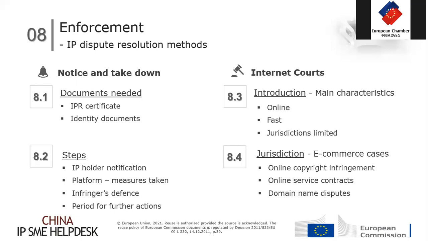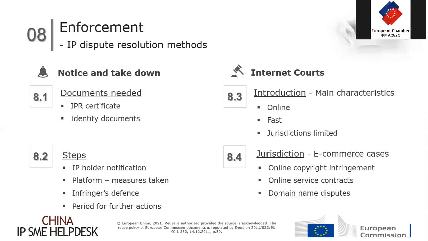Regarding Chinese courts, as I mentioned before, it could be done with the People's Court, and we enter into the civil and commercial procedure, the general one. It could be done with intellectual property right courts, which also follow the procedural rules, but the most important part is that they have expertise on intellectual property right issues.